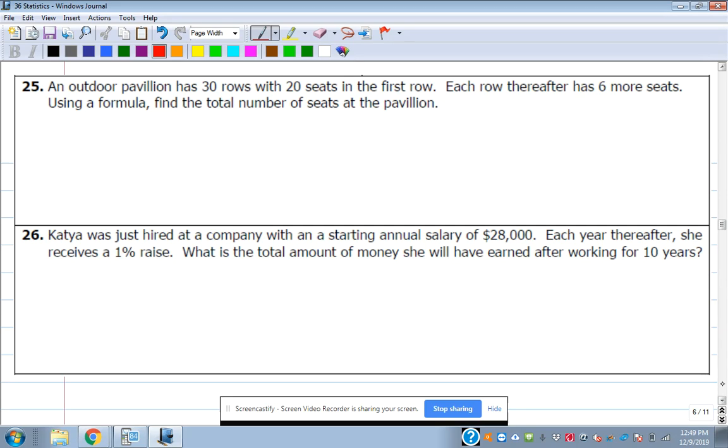But the idea here is that we're going to add up the 30 rows using an arithmetic sequence. So if we can come up with a sum, we need to know a sub 30. We know a sub 1 is 20. How do we find a sub 30? Well, what's the common difference? 6.